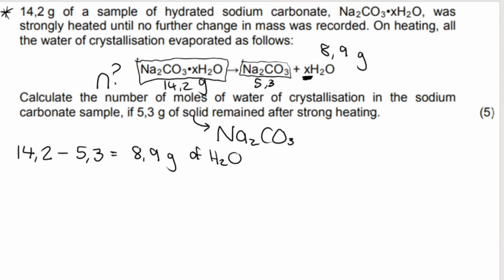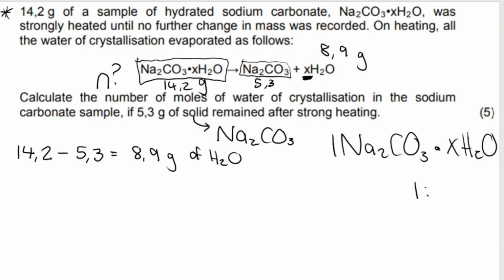Now, after we've worked out the mass of water, remember, we want to work out this in our ratio. So if we take a look at Na2CO3.XH2O, the moles of both can be represented as a ratio, and the part of the ratio over here is 1.